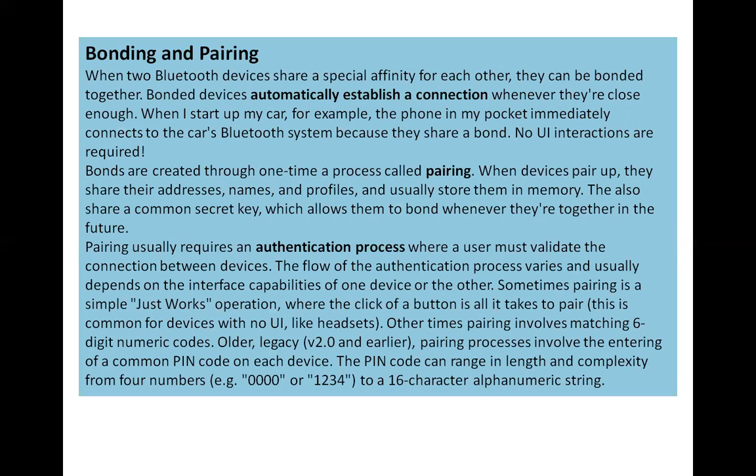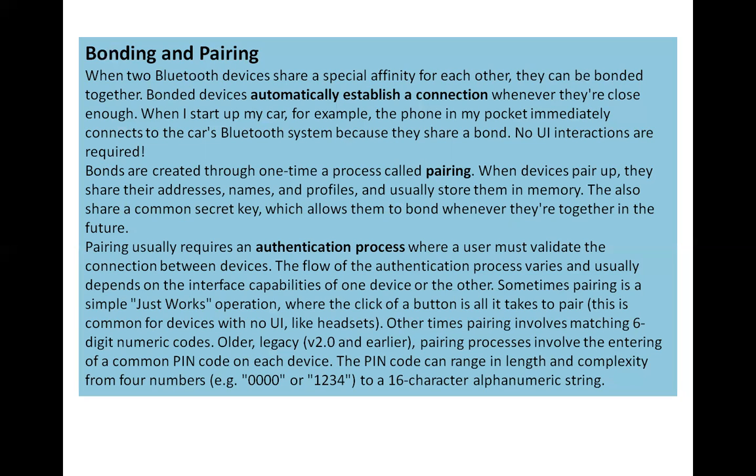When I start up my car, for example, the phone in my pocket immediately connects to the car's Bluetooth system because they share a bond. No UI interactions are required.